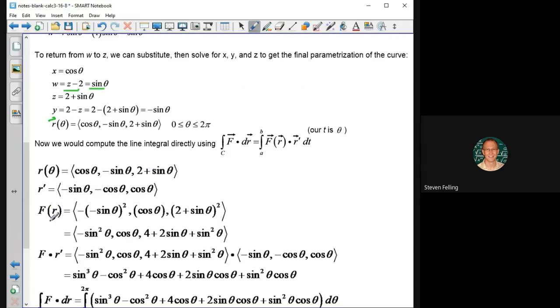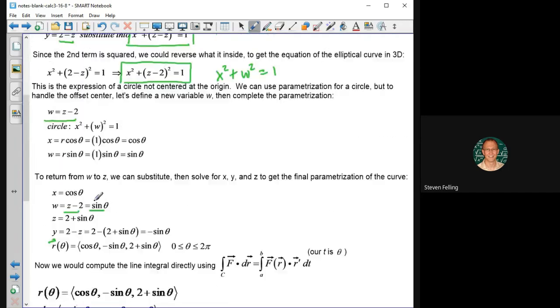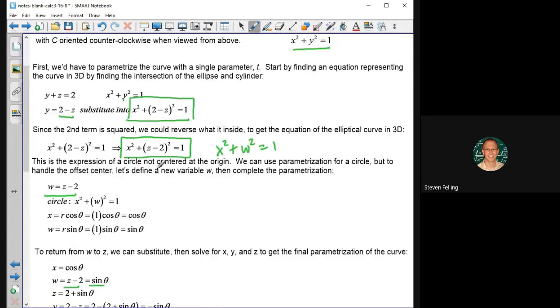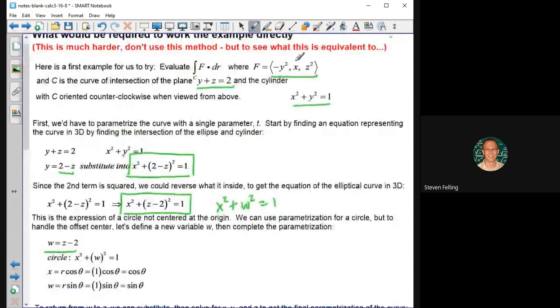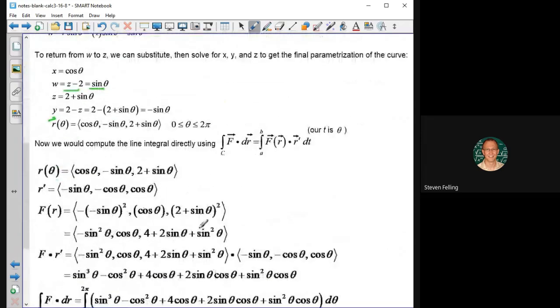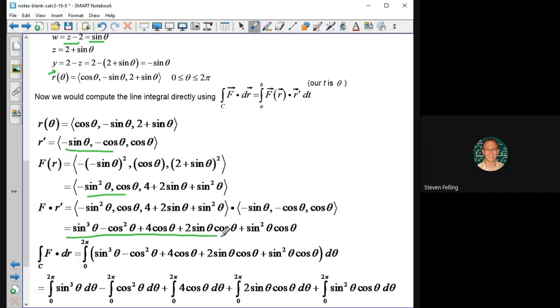Then you have to parameterize the F. So the F was negative x, negative y squared, xz squared, and you'd have to replace y with negative sine theta, and x with cosine theta, and so on. That is this. Then you would take the dot product of that with this to get this. But then the final integration would be easier because it's only 1D. So we just have to integrate all that over the theta parameter going from 0 to 2 pi.